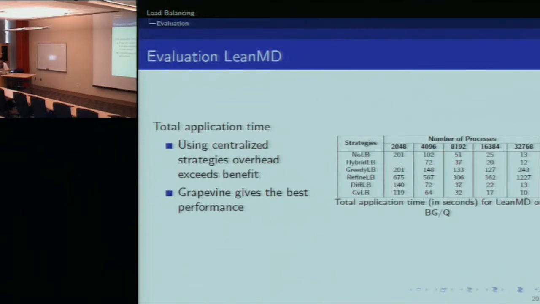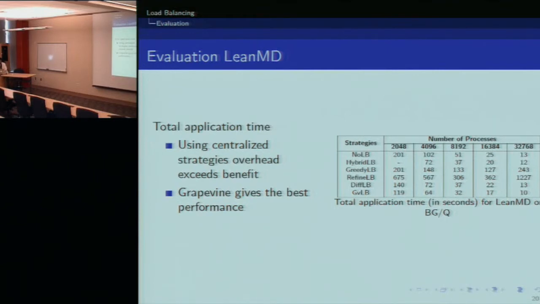So now we go on to the total evaluation of LeanMD. After taking into consideration the time per step and the load balancing overhead, we find that for the centralized strategies, the overhead exceeds the benefit in this particular example. Therefore, if we do them very frequently, the overhead overshoots the benefit and leads to a reduction in performance.